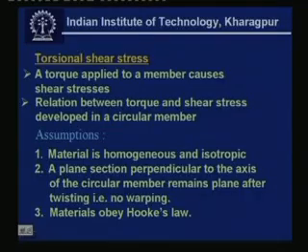Non-circular cross sections can also be equally modeled for this sort of relationship, but now we are only considering the circular member, which is very common in machine elements like shafts, bolts, nuts, etc., which could be under a torsional shear stress.